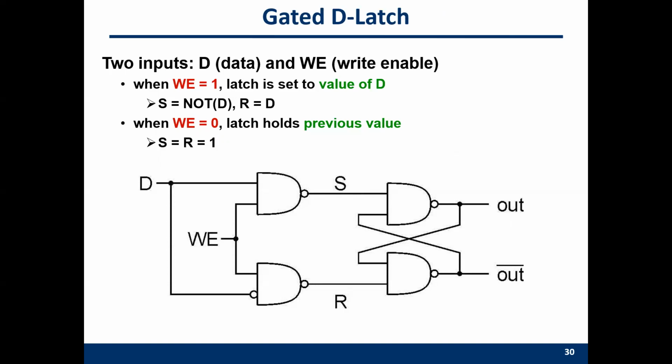The input of this NAND gate is actually important. Which means compared to the SR latch, this is more expensive because you have to use more hardware resources to implement it. The good news is that you can remove that unstable state. So this gated D latch does not have that unstable state.